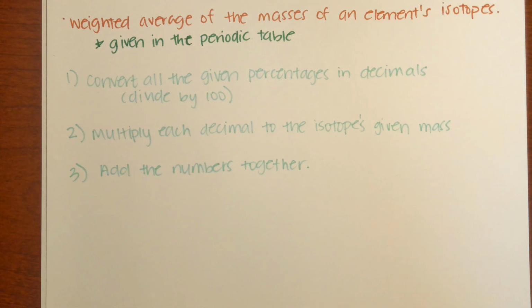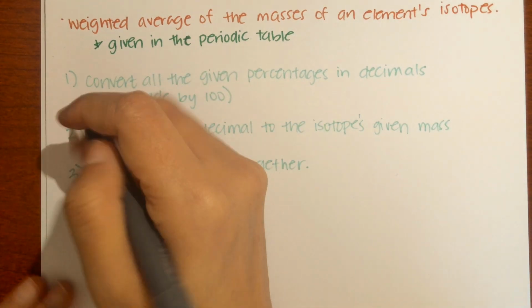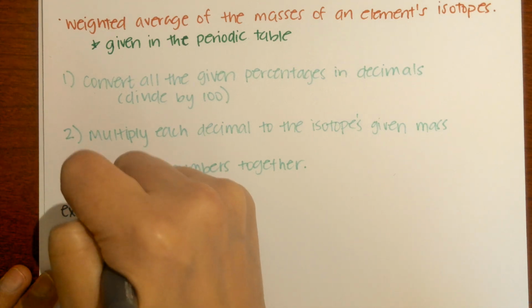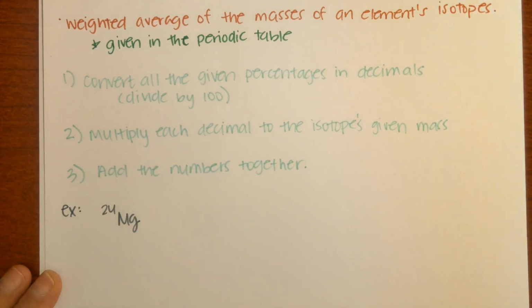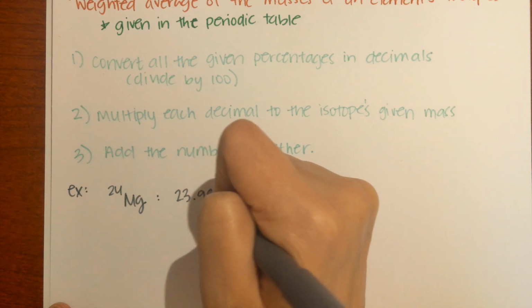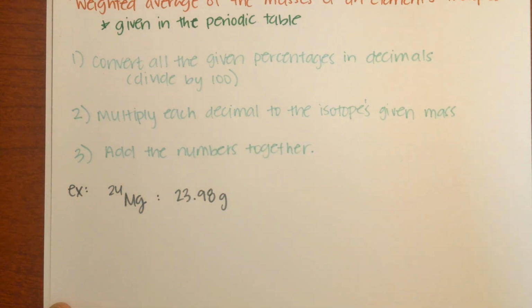Okay, so I'm going to give you an example. I just mentioned magnesium, so we're going to do magnesium. Let's say we have the first isotope of magnesium, magnesium 24, and it has a mass of 23.98 grams.